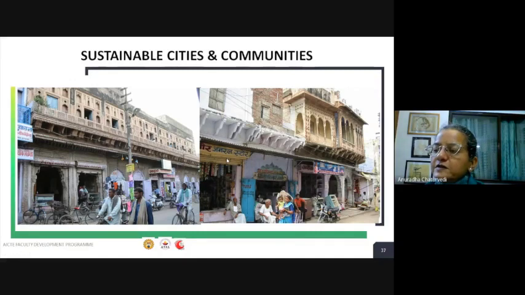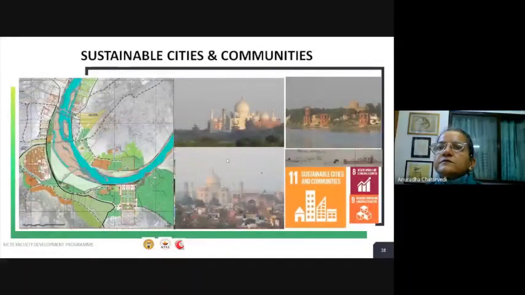The historic city centers also have utilized sustainable and resilient building materials, such as local materials, and often in a way which is extremely skillful, as you can see from the kind of facades which are there in some of our smaller cities.